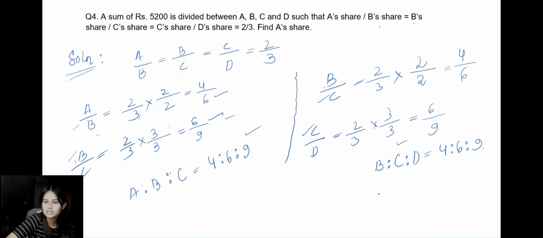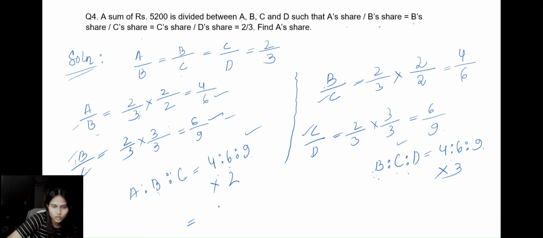So we get this. Now what we need to do? Now we have to equate it such that B and C are common in this too, right? So B here is 6 and B here is 4. Then what we have to do? We have to multiply this with 3 and multiply this with 2.